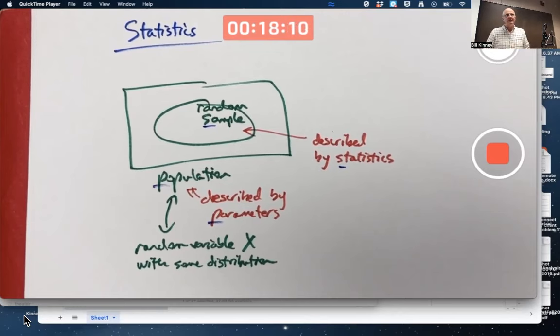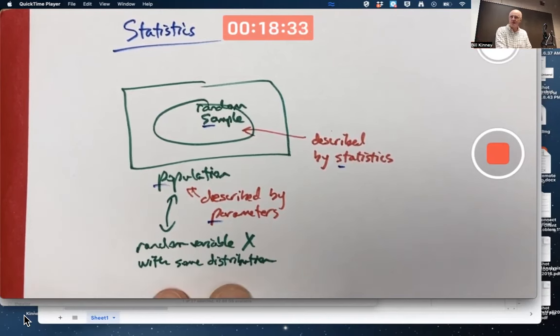Or in the discrete case, binomial often comes up in clear situations like shooting free throws and that kind of thing. Poisson. We make assumptions. We use well-known random variables that we've studied in chapters 3 and 4 as models for the distribution of X. Assume that they're good models and then see what you can figure out from that.